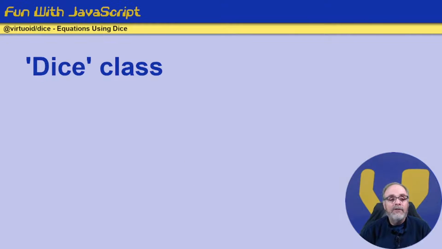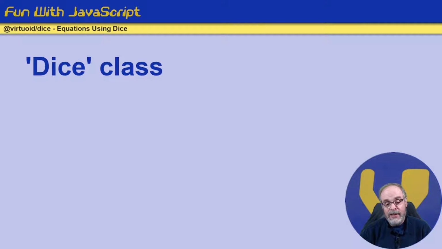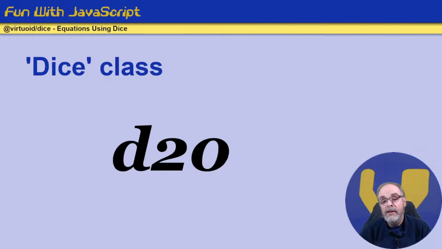For example, if you're rolling 3 6-sided dice, the equation would be 3d6. Or if you're rolling a single 20-sided dice, it would be 1d20 or simply d20. The 1 would be assumed.